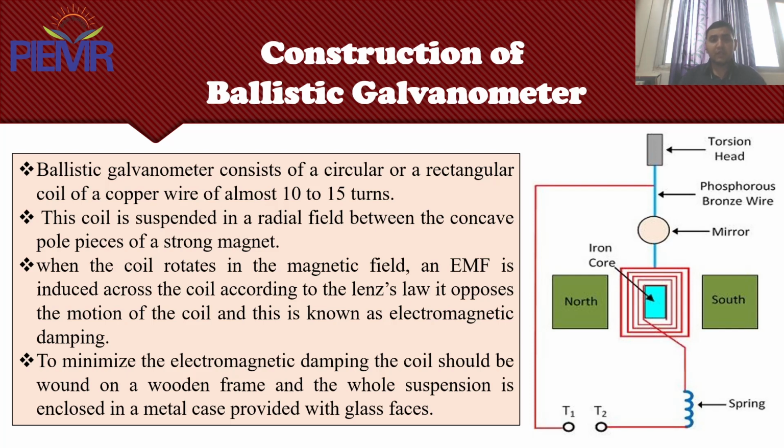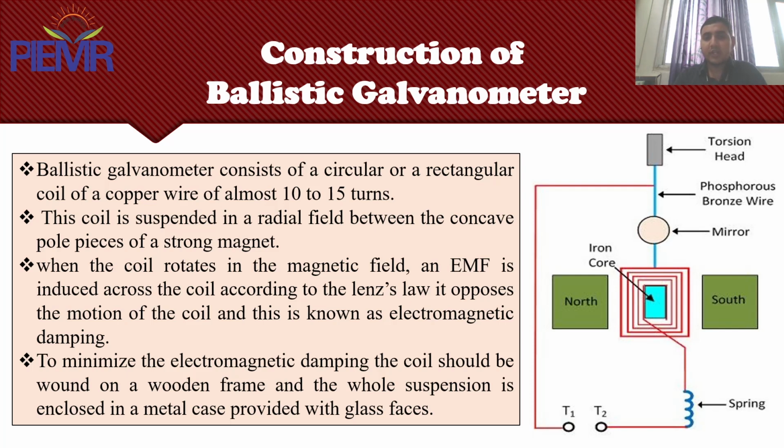This galvanometer contains a rectangular coil of copper with 10 to 150 turns. As you see, it has concave pole pieces of strong magnets, which provide sufficient magnetic field for torque to rotate the mirror in your ballistic galvanometer.